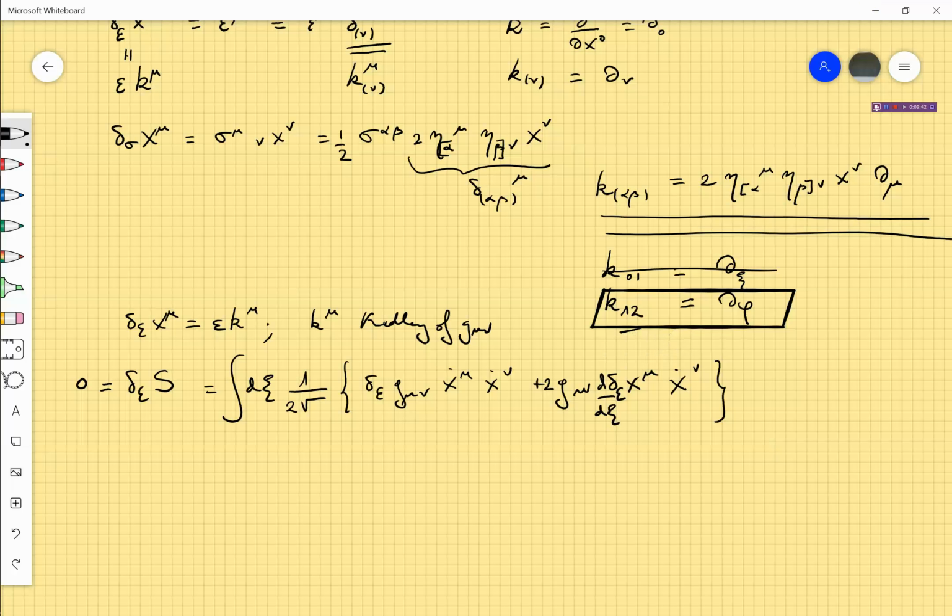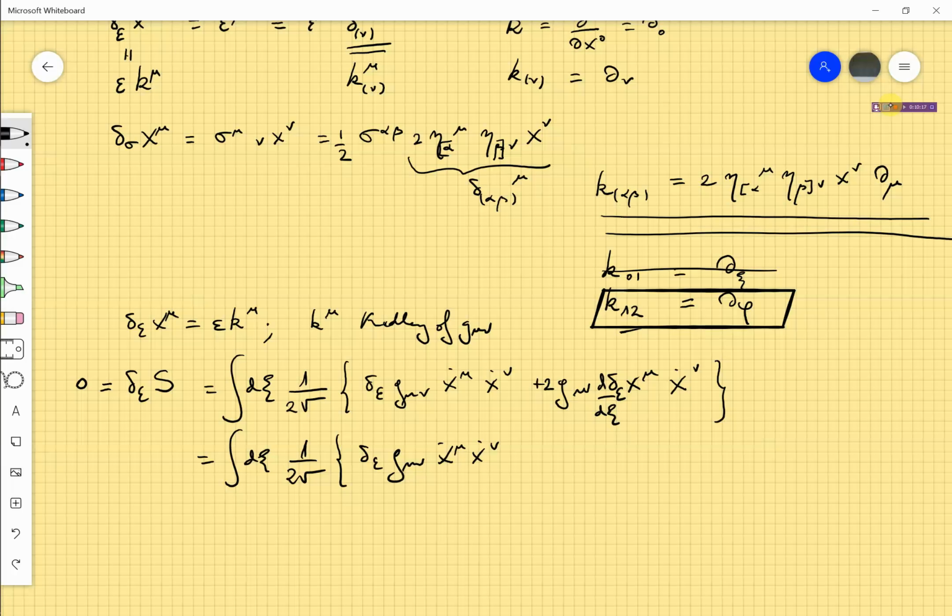So now you integrate this by parts, and you also vary this using the chain rule. I am only interested in the integration by parts because I know that the rest will give me the equations of motion, so I'm not even going to bother to compute them.